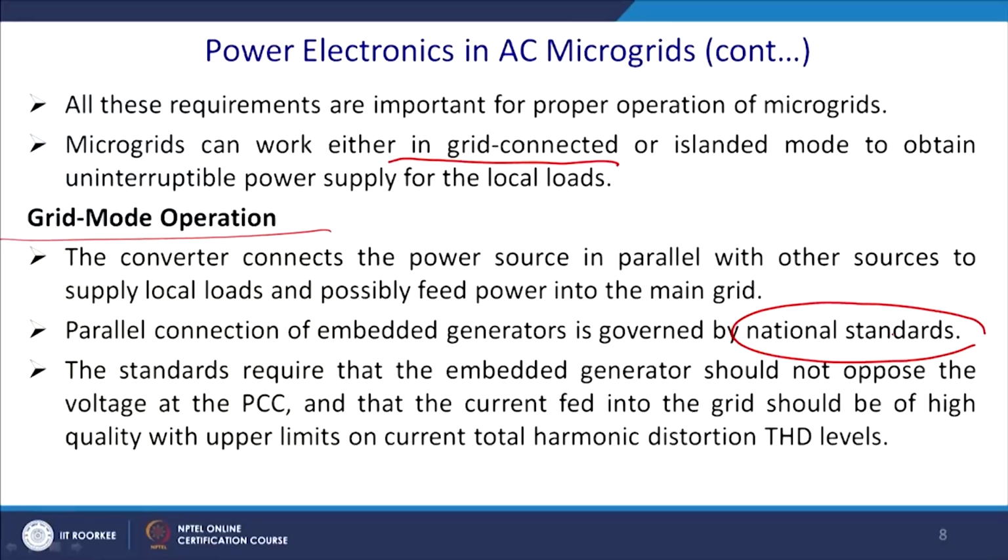The standard requires that the embedded generator should not oppose the voltage at the PCC, and the current fed into the grid should be of high quality with a proper limit on the total harmonic distortion.